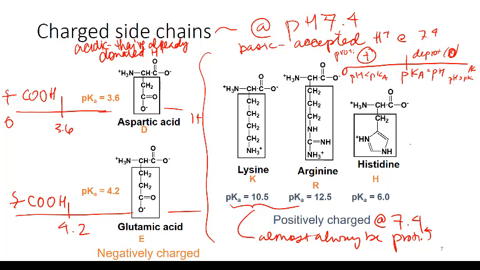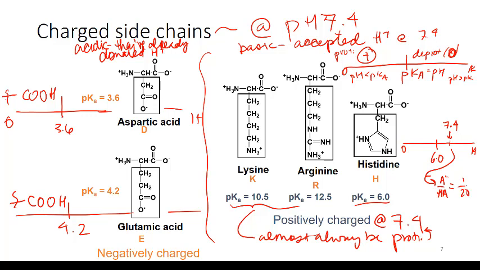But histidine is kind of weird, because if we look at histidine, pH equals pKa at 6, and physiological pH falls at 7.4. If you do the math, the A minus to HA ratio is still around 1 to 20.